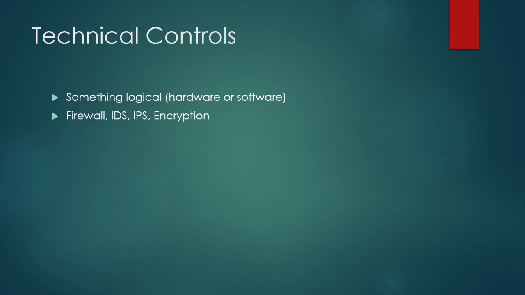The software prevents someone from doing a behavior that we don't want them to do. It prevents them from gaining access to our network, and from reading our data while in transit. We can have access control lists, so we can prevent people from accessing files that they don't have permission to access.